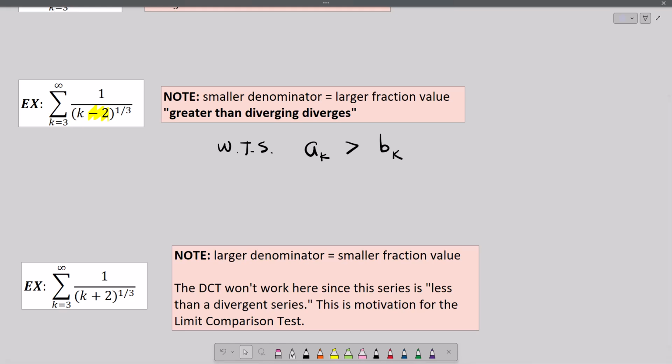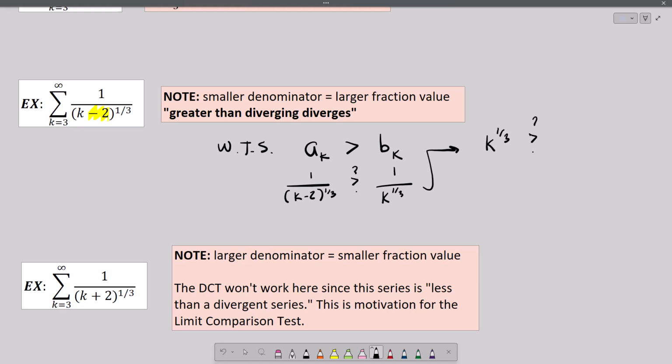So let's try it. So we're going to put in our a sub k expression here. We don't know if this is true or not. We would like it to be true. So we have that. We can do our cross multiplication.